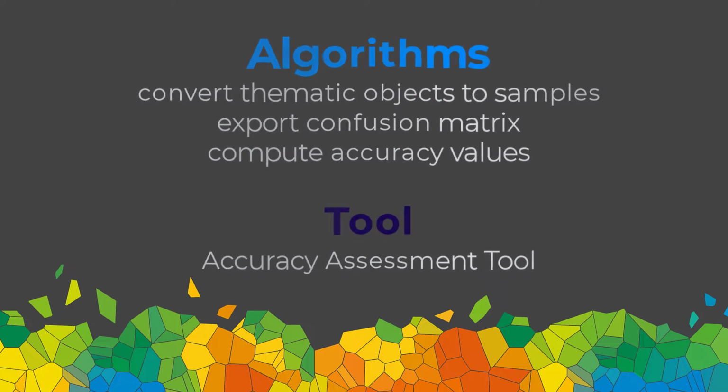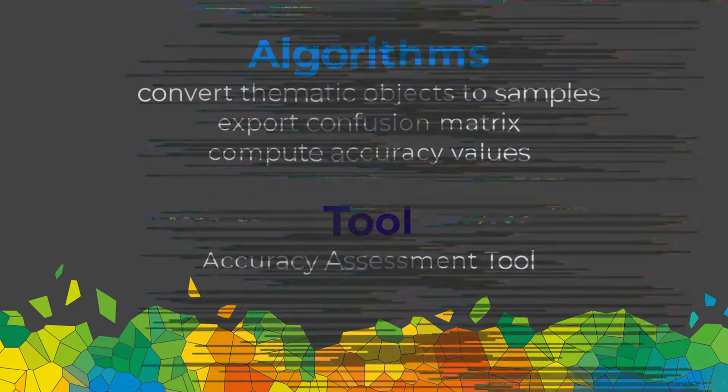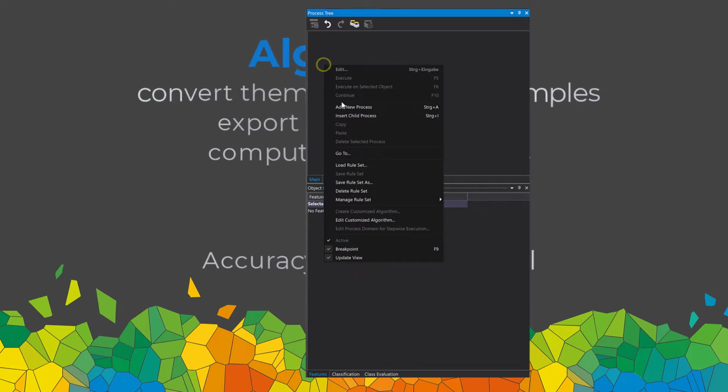And we also have an algorithm called compute accuracy values. This one allows you to compute the overall accuracy and Cohen's kappa and store those two values into separate variables. Then you can use those variables within the rule set as a stopping criteria or as a looping criteria or whatever you like. Let me quickly show you how that looks.